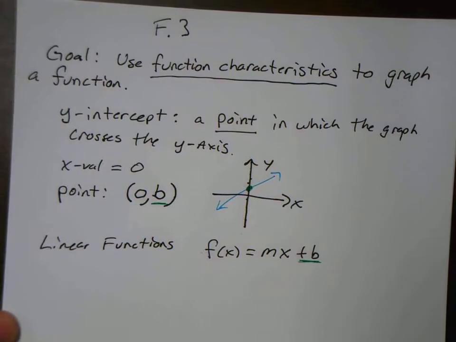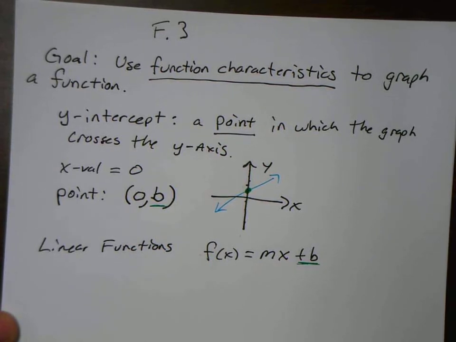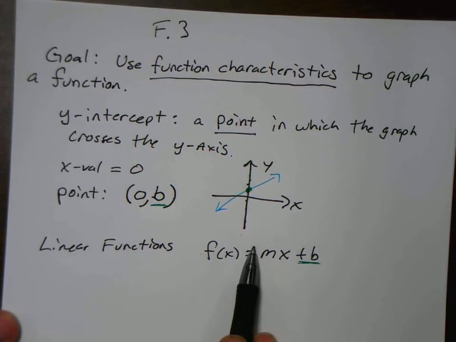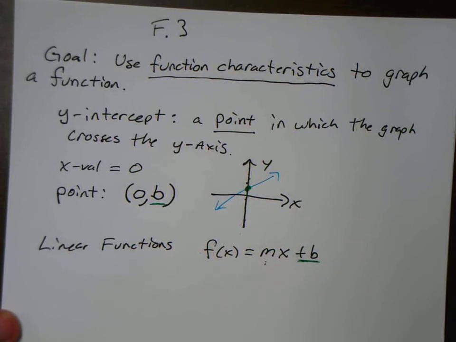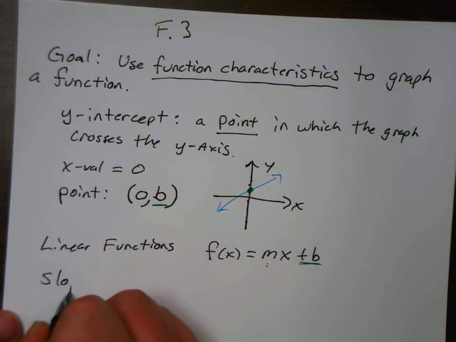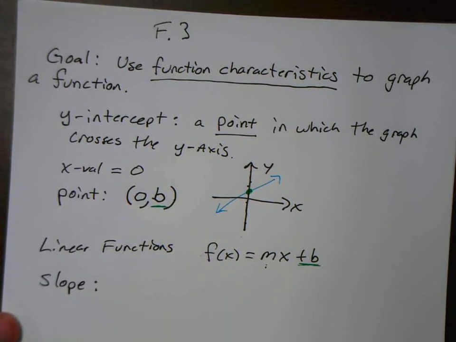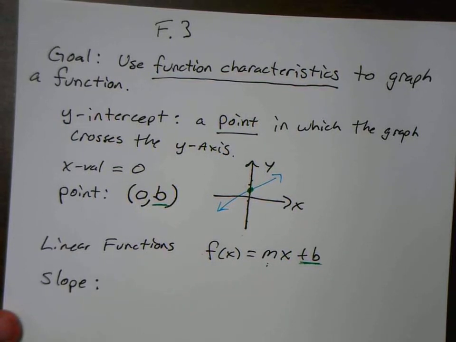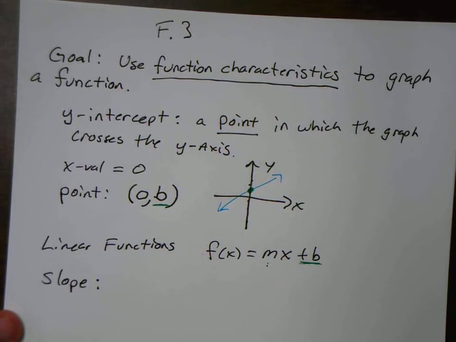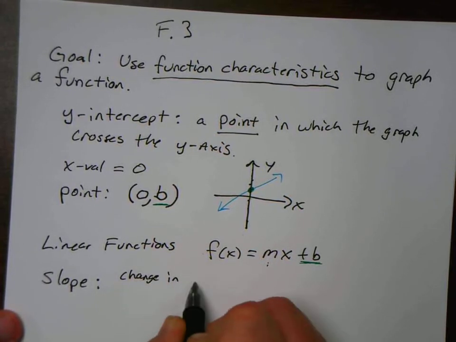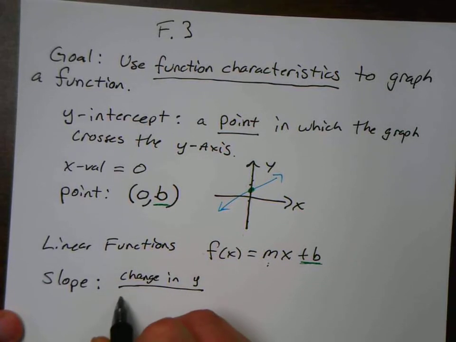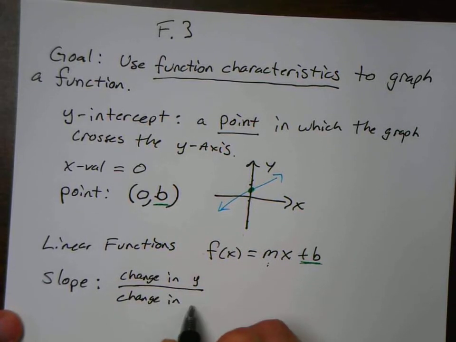Now the second characteristic that we're going to take a look at is specific to just linear functions, and that is this m business, m right here. So what we're going to look at is slope. You're going to hear thousands of descriptions for slope as time goes on, but I want to write slope as simply the change in y divided by the change in x.